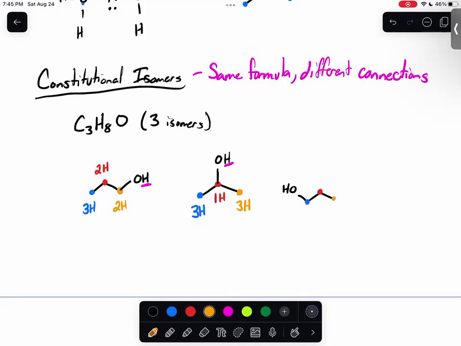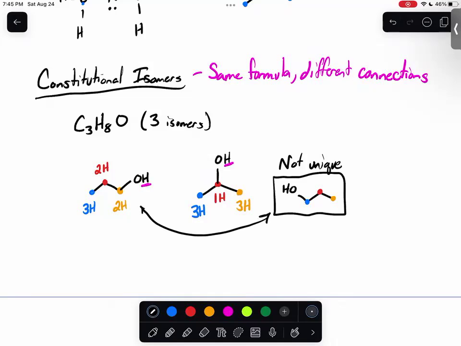So this would be moving it over to the blue carbon. At first, this sounds fantastic. Looking at it, we once again have C3H8O, but this is actually not unique. What I mean is it's the same as the one over here. The only difference is we've now mirrored it.